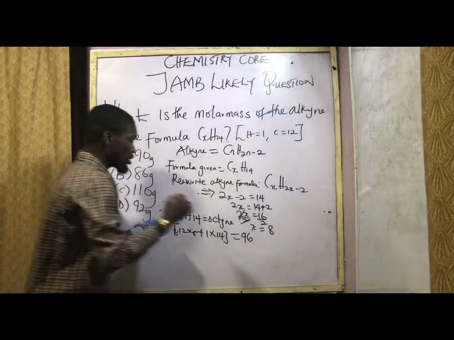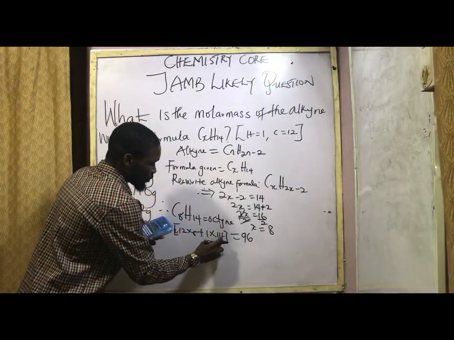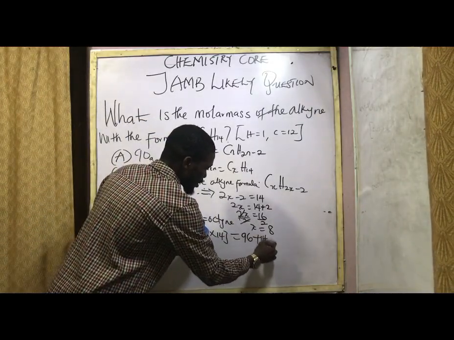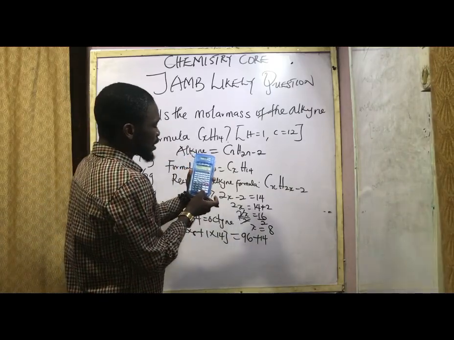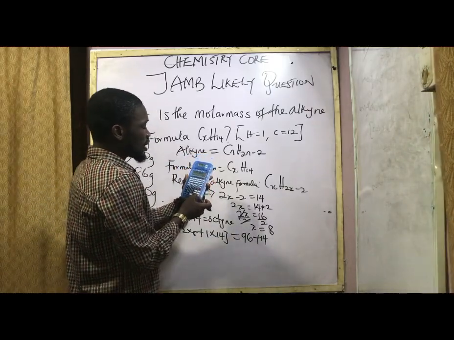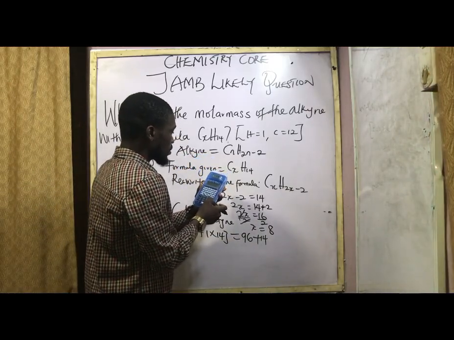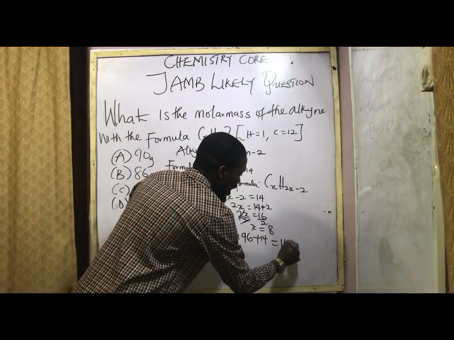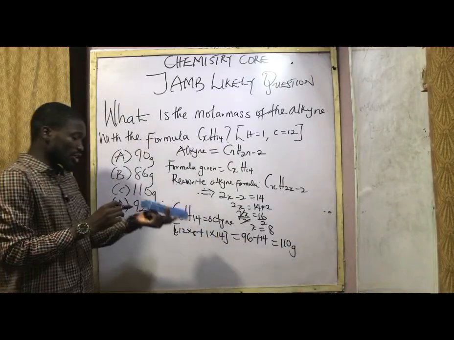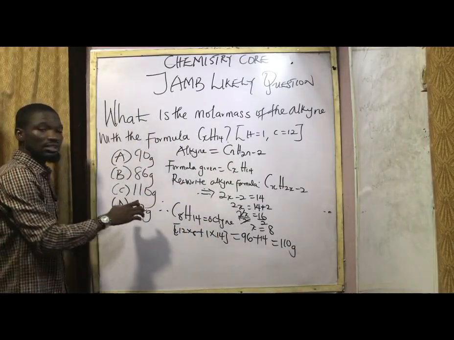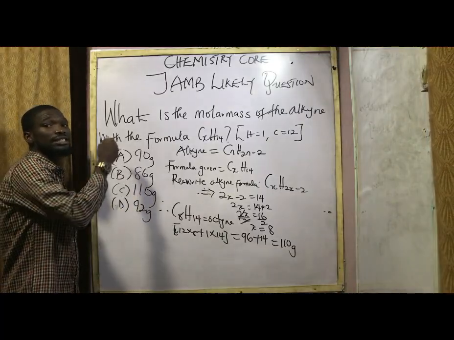Are you with me? 1 times 14 is what? Plus 14. So when you add your 96 plus 14, that will give you what? 110 gram.